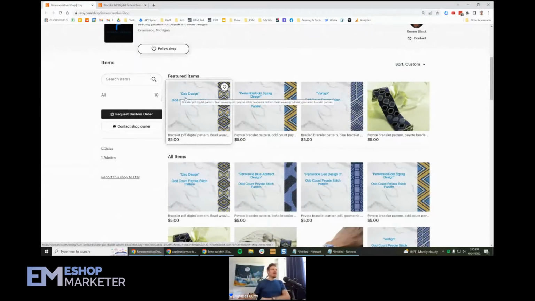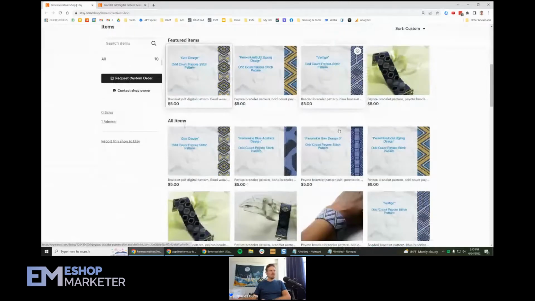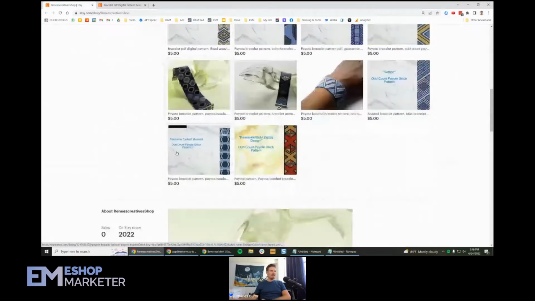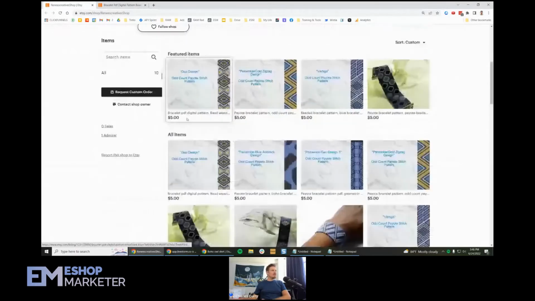That's what your listing title is for, and you should take this opportunity here to show off more of the design and the product. So like these ones here, where you can kind of see the bracelets themselves, I think, are much better and much more important to be showing off there, to show off the whole bracelet that you have here. Now let's click into it.